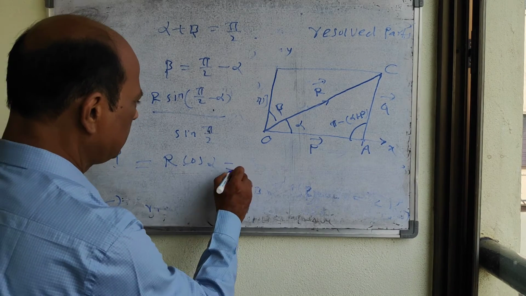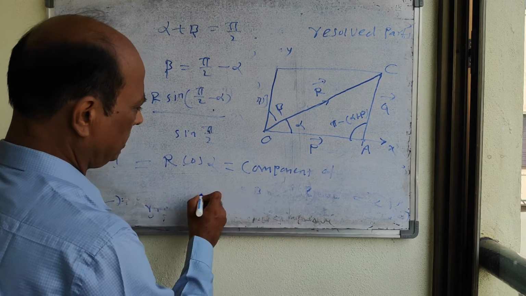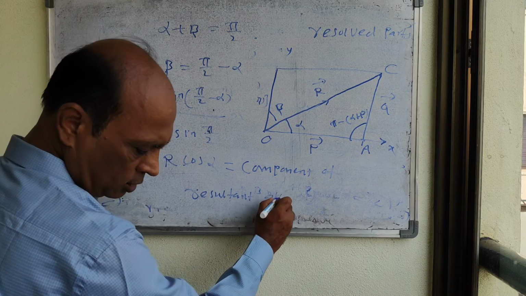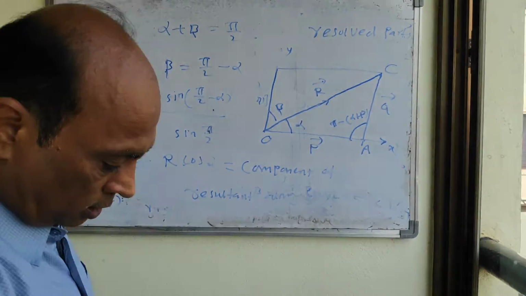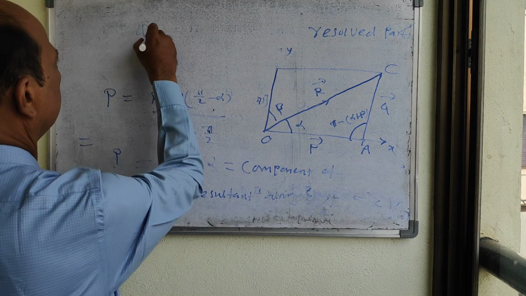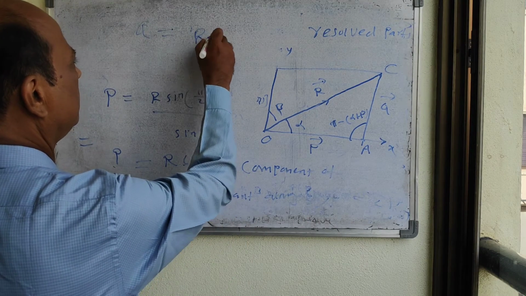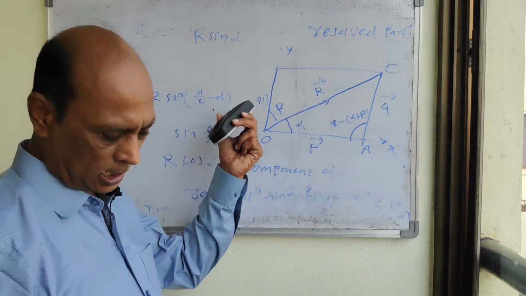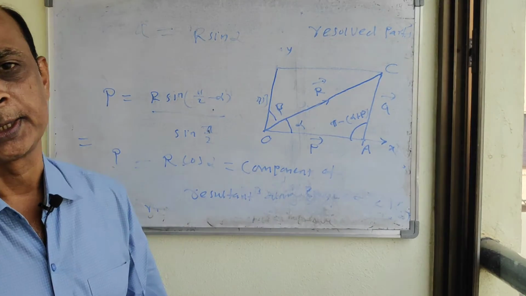This is the component of the resultant along OX, along the x-axis. Now similarly, Q is equal to R sine alpha, and that will be the component of the resultant along the y-axis.